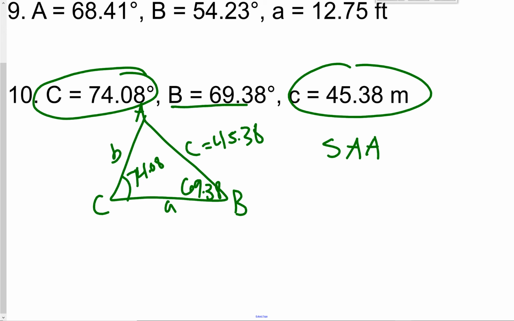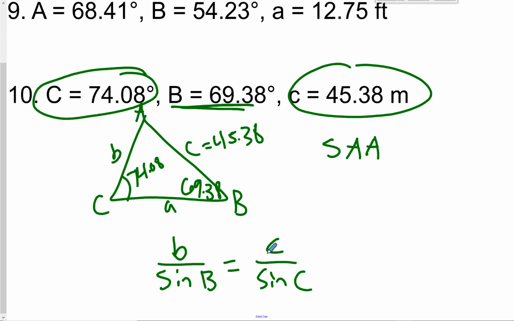We're given an angle B. So that means I want to solve for the opposite side of that. Whatever the third thing that you have is, that's not the same, you want to solve for the opposite side of that. So here it's a side, so I want to put B on top. Sine of B is going to go on bottom. Then C. And then I can just fill these parts in. So C is 45.38.